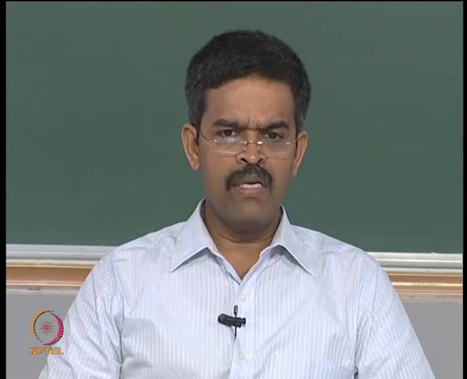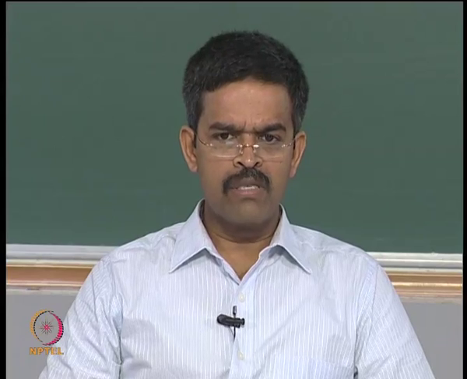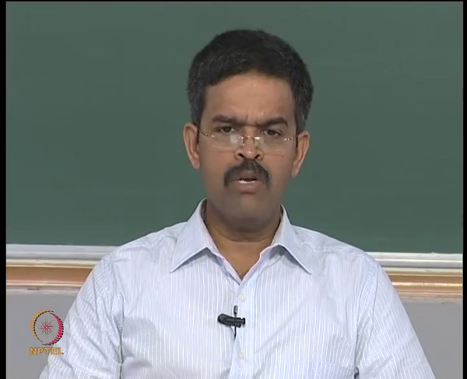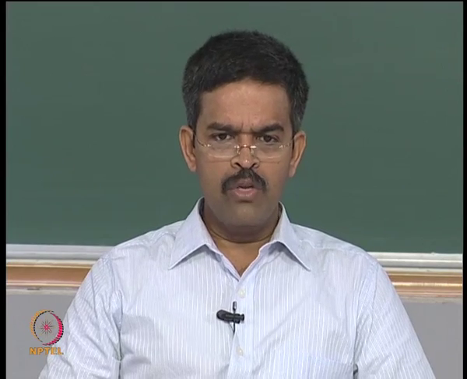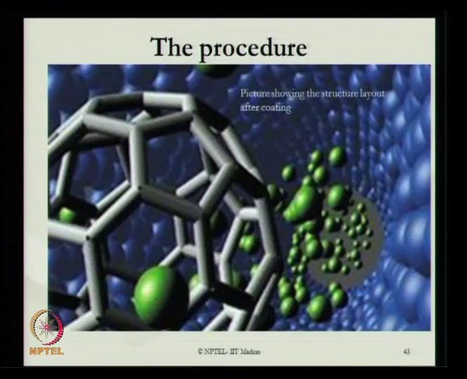After it is prepared, a titanium oxide nanoparticle coating is applied to the steel surface by a submerging technique. It is possible to reduce the probability of corrosion by this method in petroleum and gas pipelines, and of course in petrochemical industries. The picture shows how the structured layout will be seen after the coating is applied on the member.